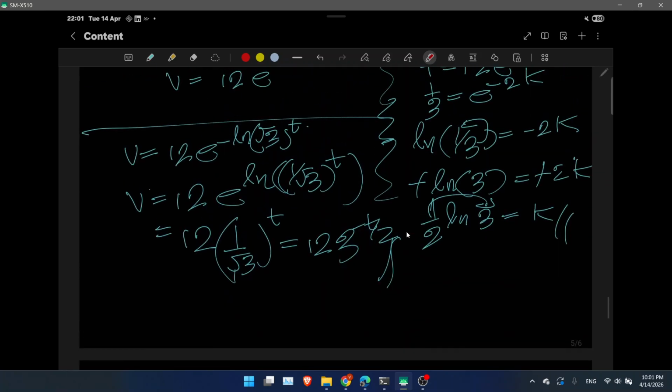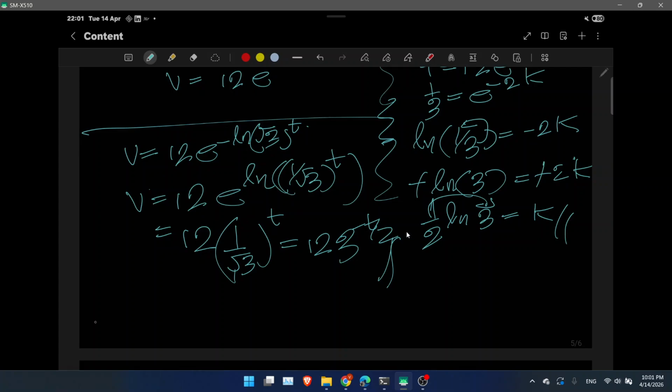That is what we do here: e to the power ln of some value, we can directly use that value as the answer. It is just simple algebra.